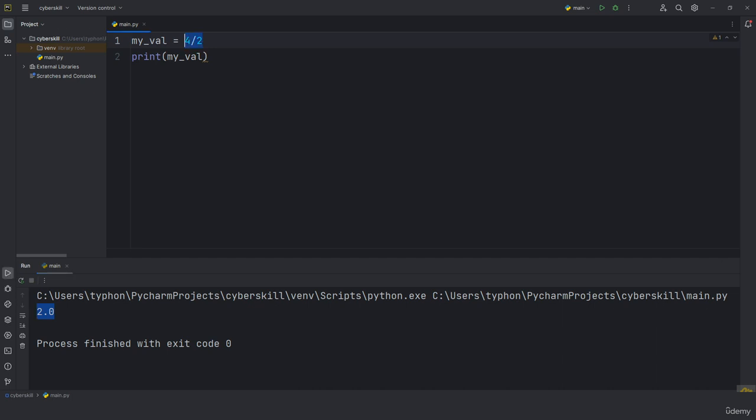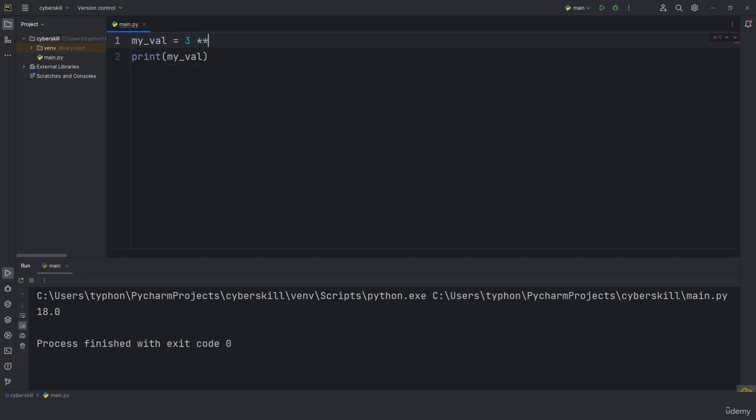For example, 1 plus 2.0, and we get 3.0. Let's use 2 multiplied by 9.0. We get 18.0. The same applies for exponents.